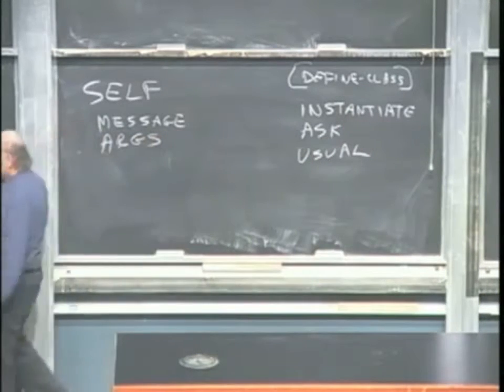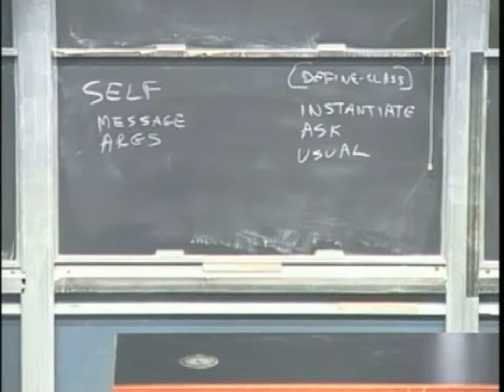Usual says, send this message to this object, like ask, but start right at the else clause with the parent. Send it right away to the parent without looking at the child's methods. So usual say says, I don't want to do this say method. I want to do my parent's say method.